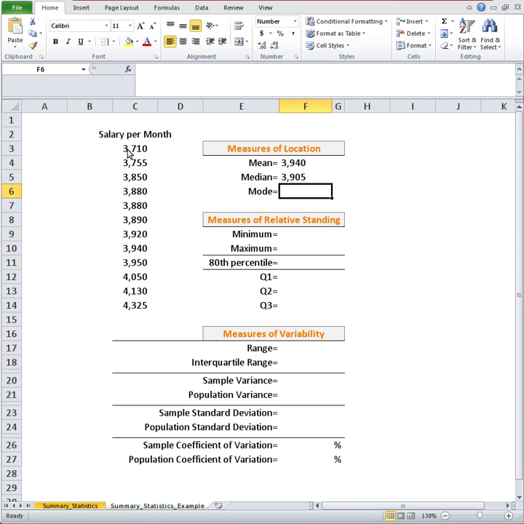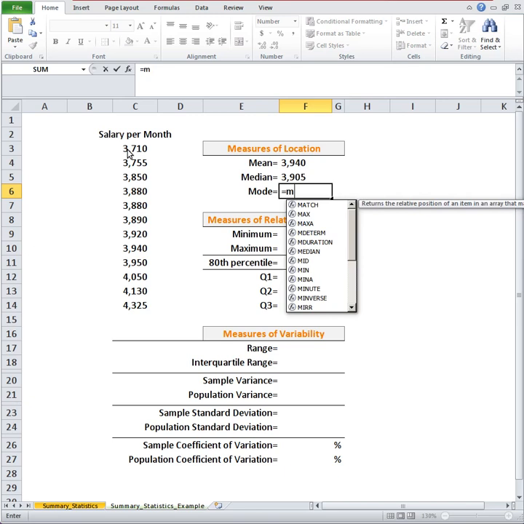And the mode. As you know, some samples may not have any mode, or may have one mode, or may have many modes. So to get the mode for this particular sample, which only has one mode, I'm going to use the mode formula.